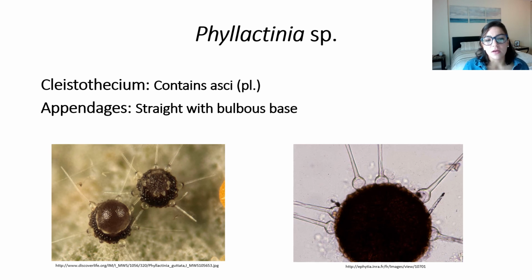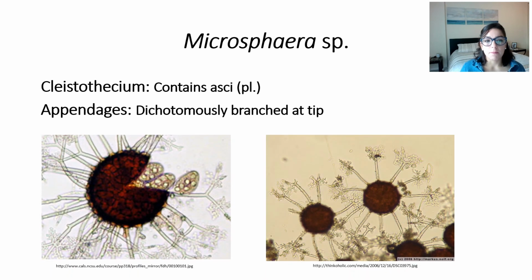Phyllactinia, also inside of each one of the cleistothecia, we have different asci, and the appendages of this genus are straight with a bulbous base, as we can observe in this photograph. Microsphaera contains as well different asci, as we can observe in this photograph. The appendages are dichotomously branched.